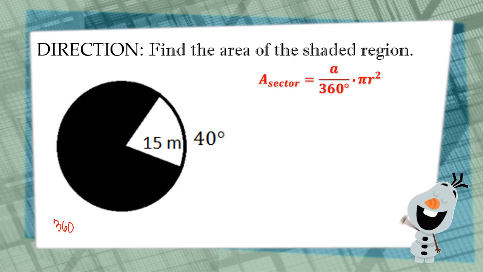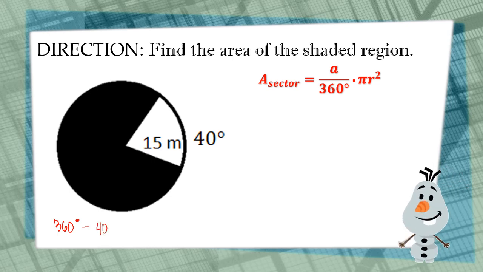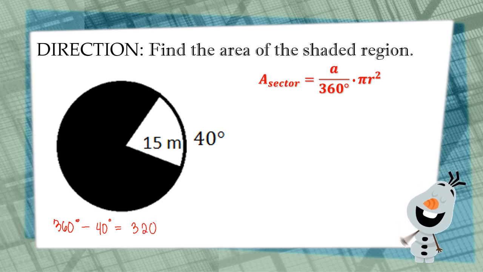or the shaded region. So we all know the entire circle, the degree measure of that is always equivalent to 360 degrees. So we will deduct it by 40 degrees, and therefore we can now use 320 degrees to substitute for the value of A, or the degree measure of the intercepted arc of the shaded region.